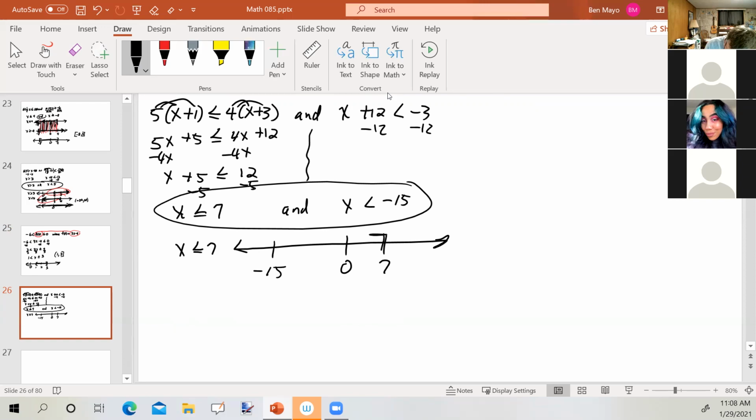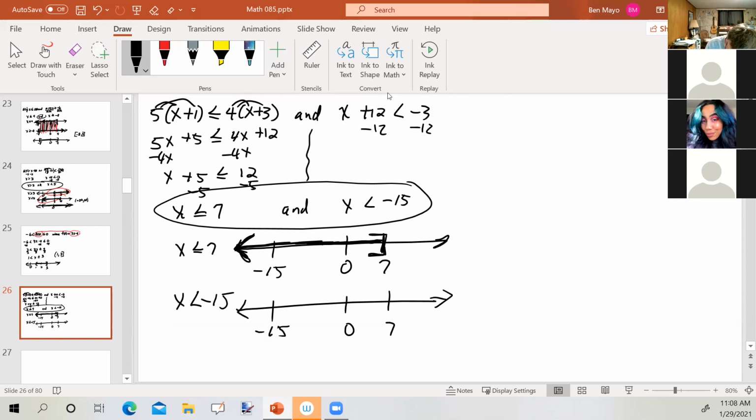So less than or equal to 7, we're going to have a bracket at 7 with the arrow going to the left. Okay. X less than -15. We're going to have a parentheses at -15 with the arrow going to the left.